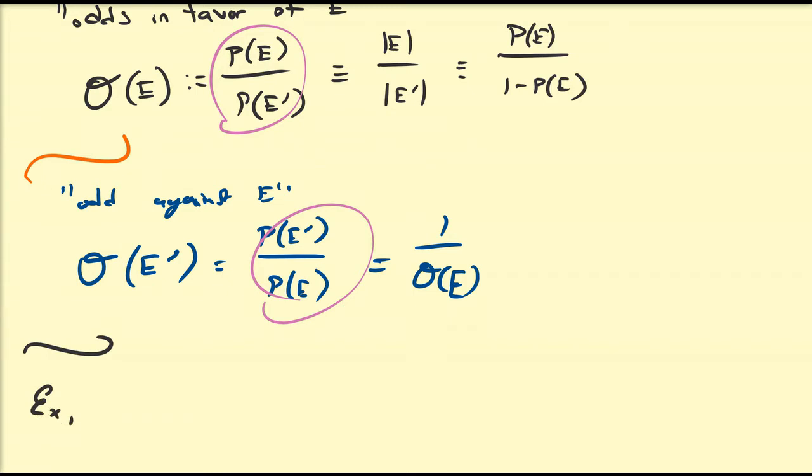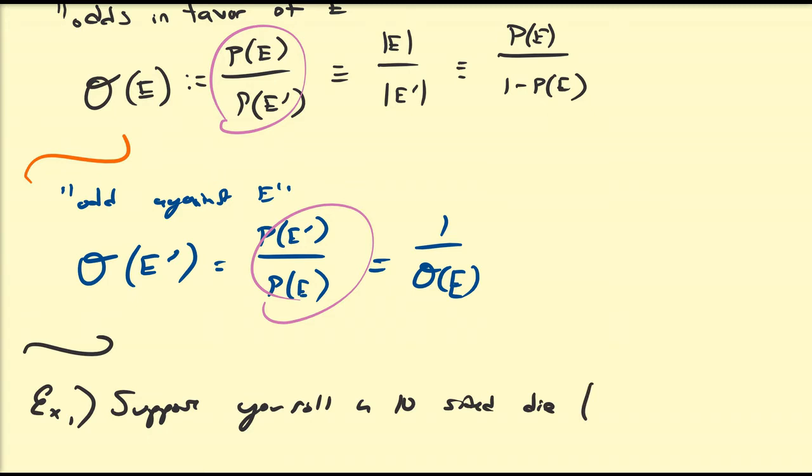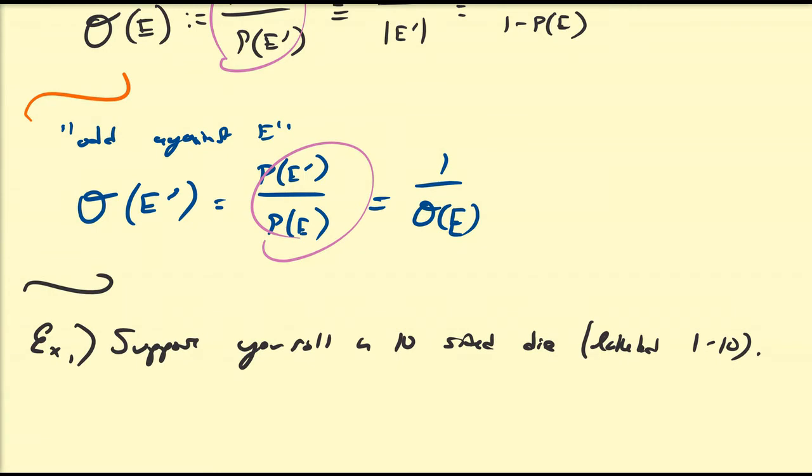So example 1. So suppose you roll a 10-sided die labeled traditionally 1 to 10. So what is the probability of rolling a prime number?